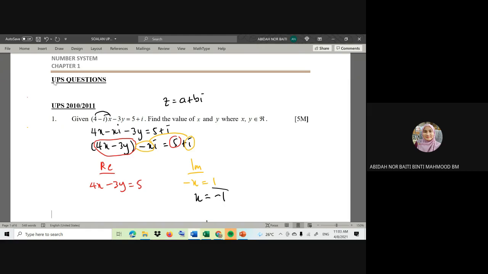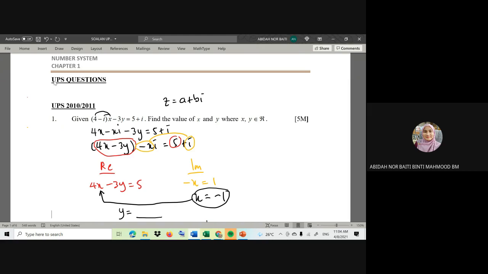Then to find the value of y, x equal to negative 1, we substitute here. Then you get your value of y. So 5 minus 4... 5 plus 4 is 9, right? So 9 over minus 3.